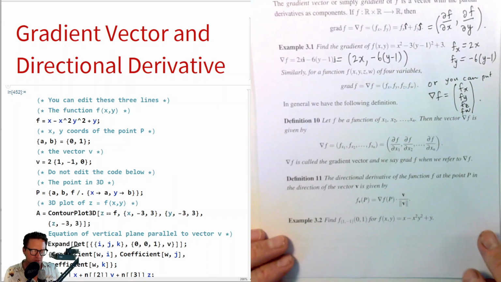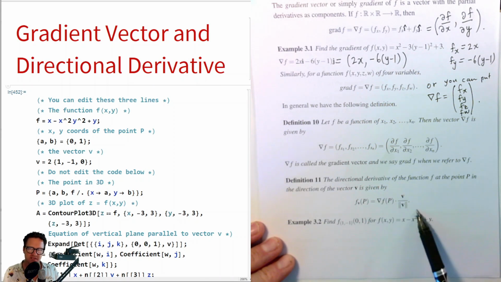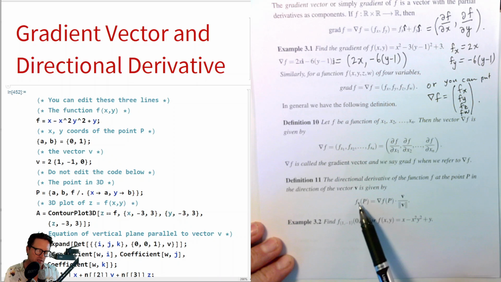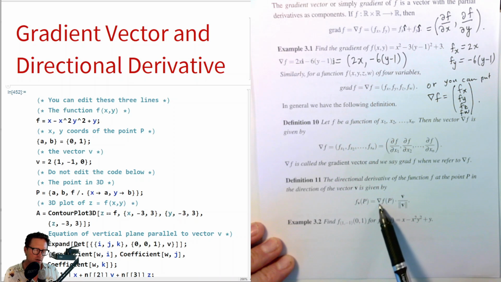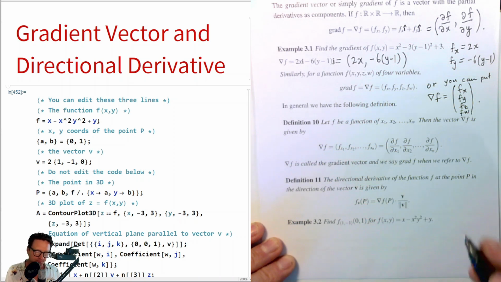The directional derivative of the function f at the point P in the direction of the vector v is given by this formula here. So f subscript v at p is grad f at p dot, now that is the dot product, of v over the norm of v.